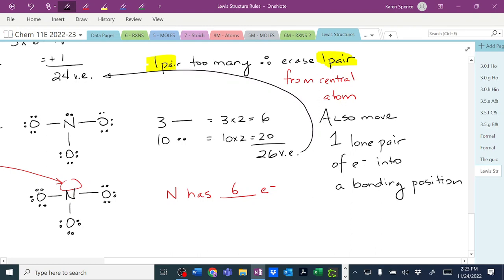I could have said that better. I could have said turn 1 lone pair into a bonding pair. That would have been better.